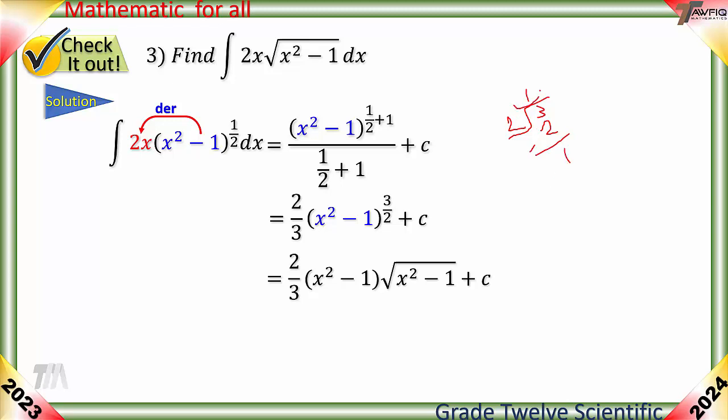The result, 1, is the power outside the square root, and the remaining is the power inside the square root. As you can see, it is equal to 2 over 3 (x squared minus 1) times the square root of x squared minus 1 plus c.